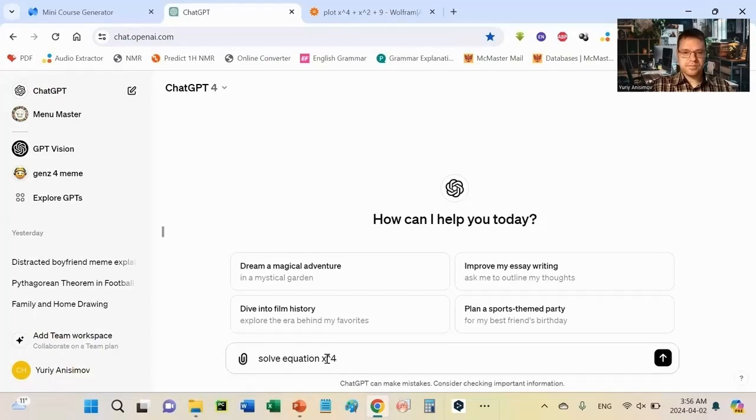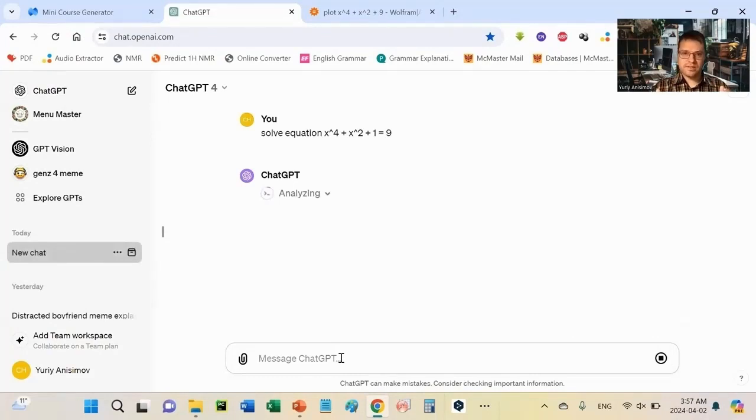Pay attention to how I put it here, as I did in Wolfram Alpha, I raise it to the power of 4. x squared plus 1 equals 9. Okay, now it's analyzing. Now it deploys its code interpreter, analyzes, and let's see.